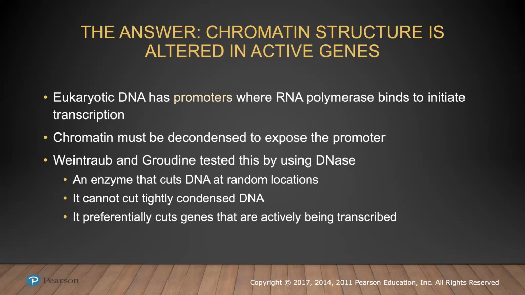We have to decondense that particular region of the chromatin so we can expose that promoter sequence on the DNA. Weintraub and Groudine were two scientists that tested this process to see if this is exactly how it worked.